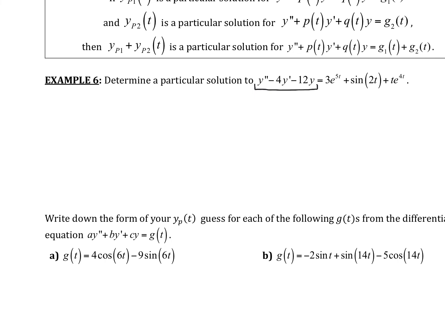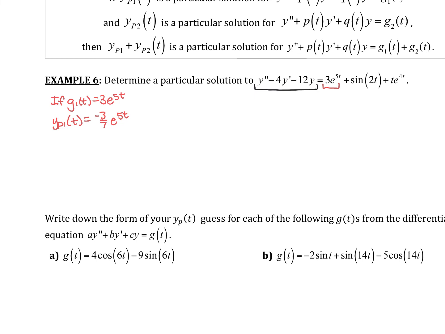What we've also found is this sum here, 3e^(5t). That was the first example we did. If our g1 of t is this 3e^(5t), from example 1, our particular solution for this one, what was it? Negative 3/7 e^(5t). That's what we got. Do you remember?